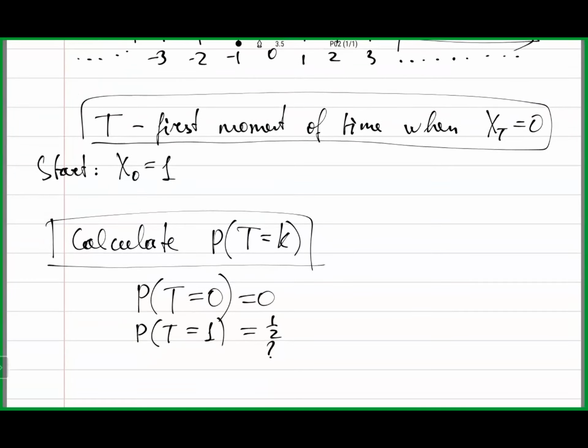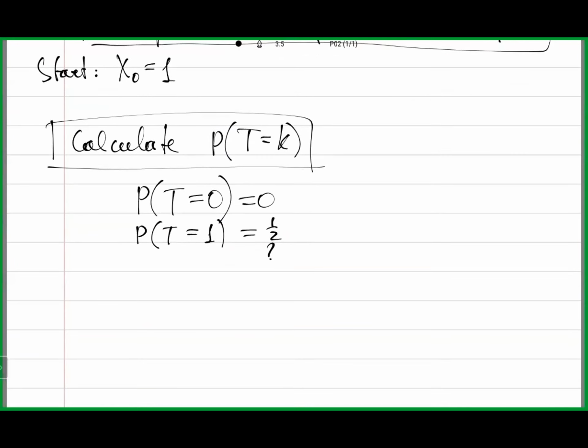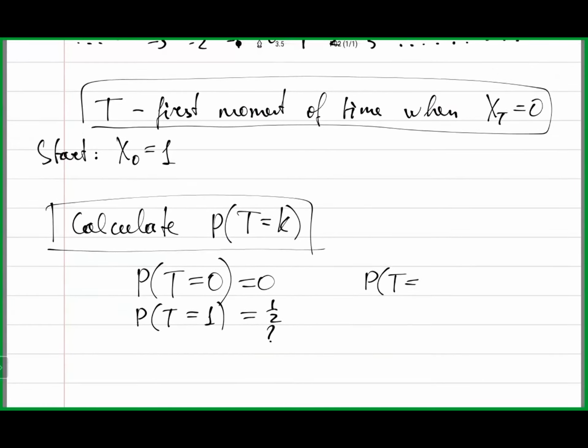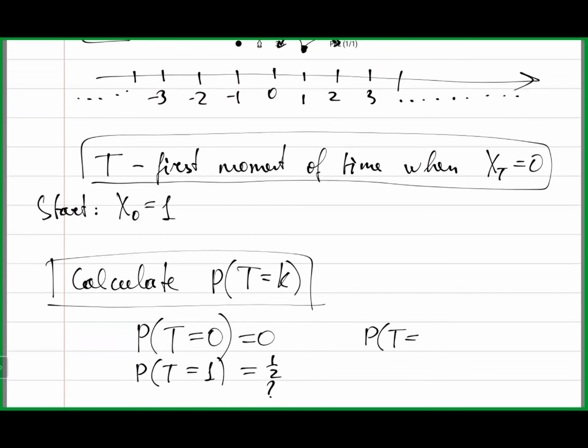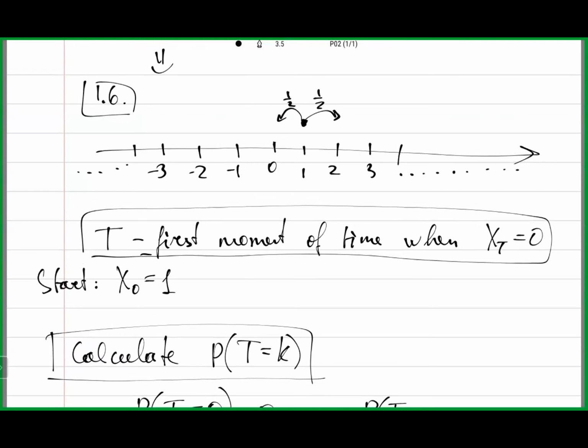But things will be complicated if we increase the value of k. For small values of k, it's very easy. Why is the probability that t equals 0 equal to 0? Because t is the first moment when we reach 0. If you start at 1, you need to make at least one move to reach 0. You can't be simultaneously in two places.